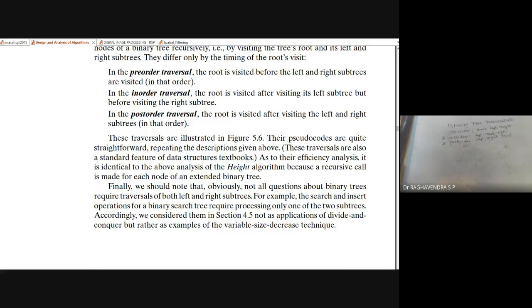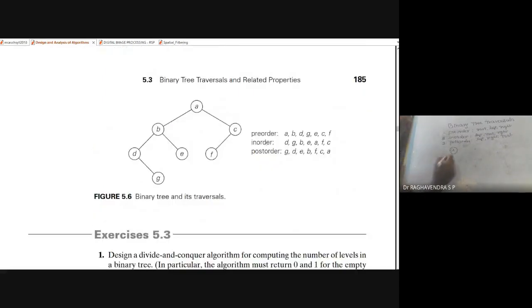Next thing is, we will take an example. So we have a tree here: A, B, C, D, then E, then G. So this is the binary tree.